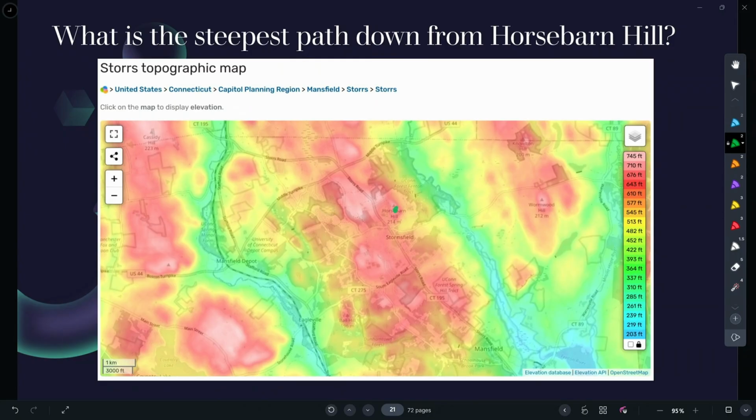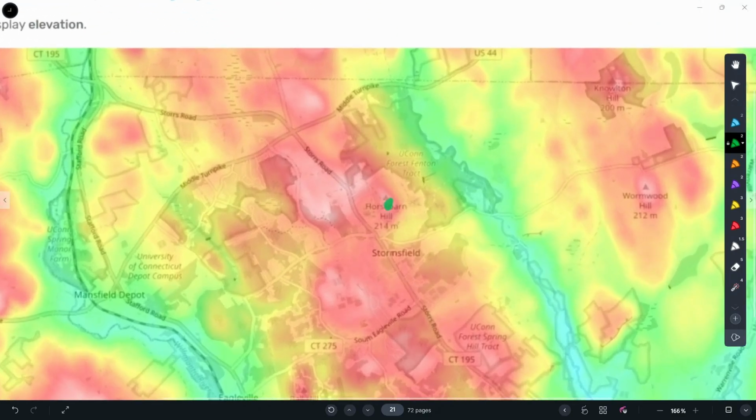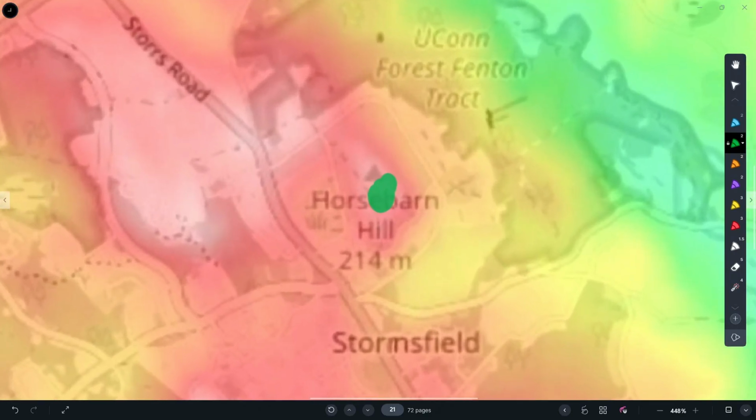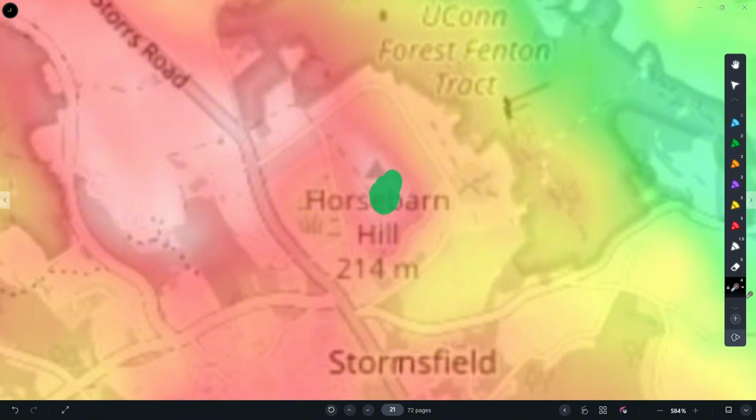If you look at the topographical map, you can see that this area is sort of at the same height, while if I go all the way down here, that looks pretty low, but this looks even lower. So going in that direction seems to be steeper, and I want to know if I should go this way or that way. I want to go exactly in that direction, okay?